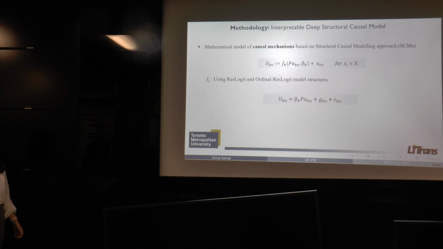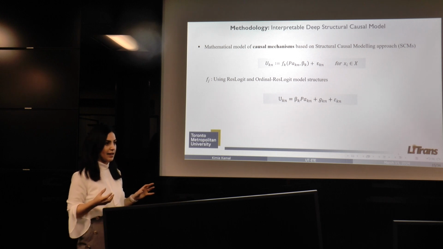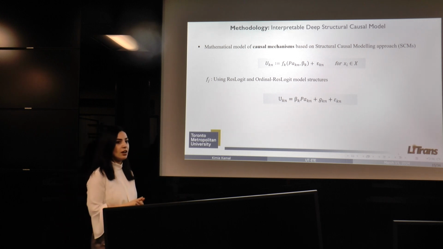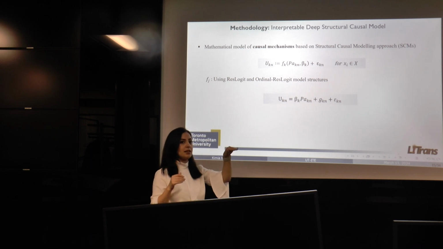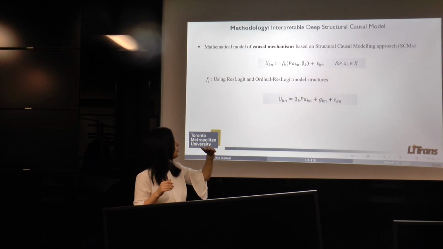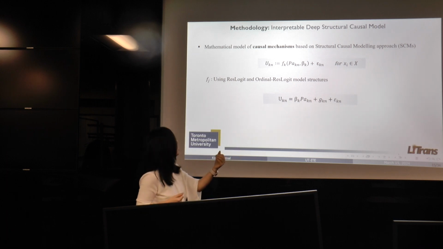In the second step, we try to mathematically model this causal mechanism by using the structural causal model. Each equation, in each mechanism in a structural causal model, generates a random variable given its parents.